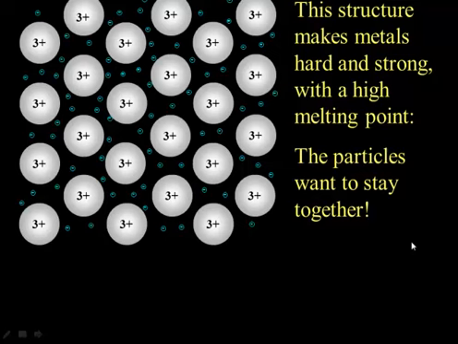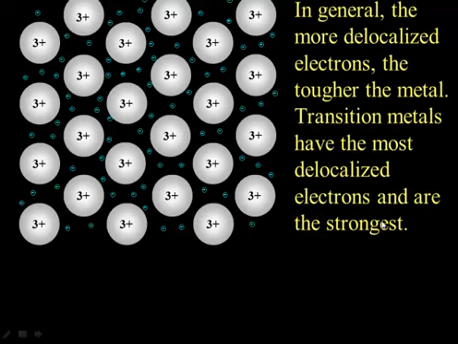The strong attraction causes metals to be solid at room temperature, and hard and strong, because the particles want to stay together. Also, in general, the more delocalized the electrons, the tougher the metal. Which makes sense: if you have more of those free-moving electrons, you will have a stronger overall interaction between the free-moving electrons and the positively charged cations.